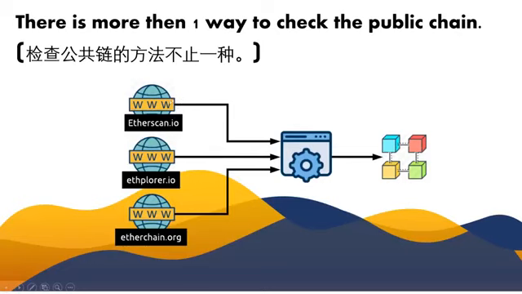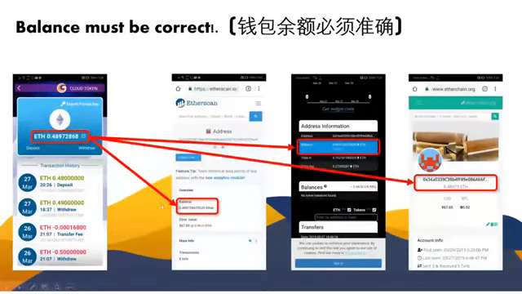There is more than one way to check, and all of these blockchain explorers should show you the same result. Let's use Etherscan as an example. Etherscan reads from the public blockchain and displays the actual data. Same with ETH Explorer and Etherchain.